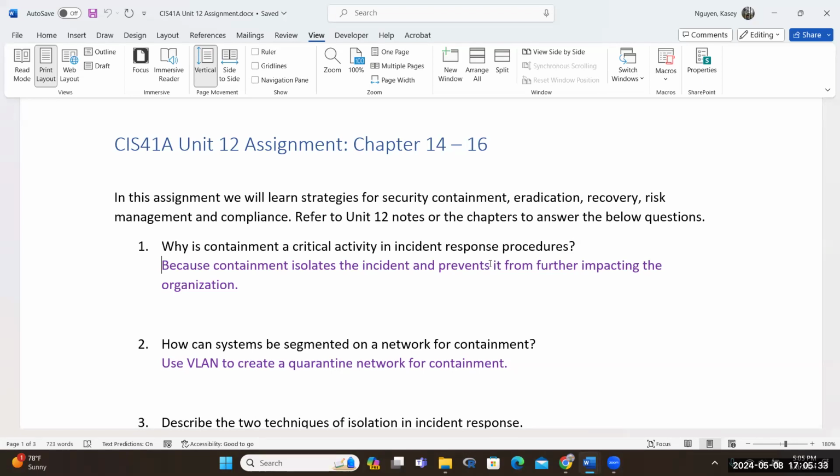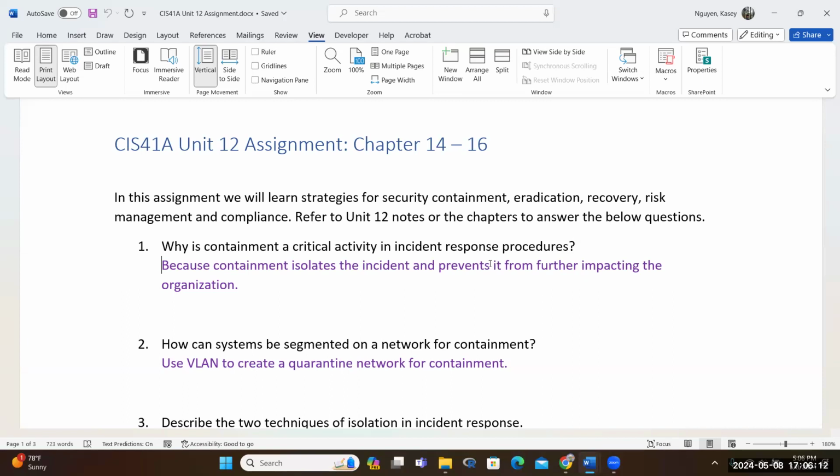The whole point is to make sure that we contain the incident and not let it go beyond its boundary. If you have a breach, you need to stop it from becoming bigger. If you're having malware, you want to stop it from spreading. That is a way that we can contain a problem or an incident, and with that, we lower the impact on other systems that could be involved in that particular incident.